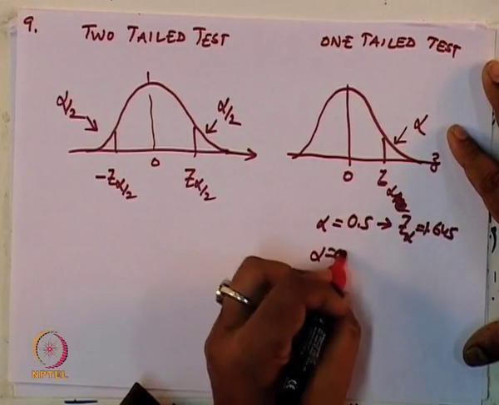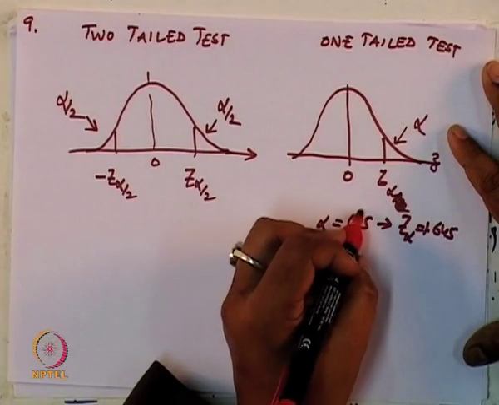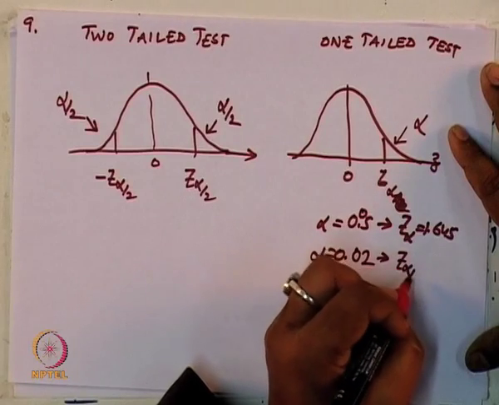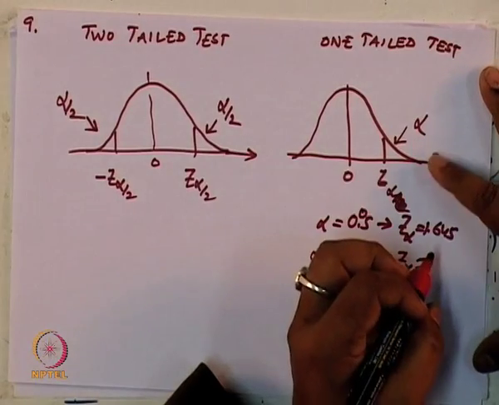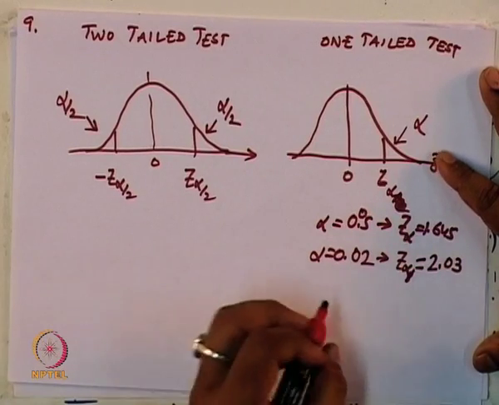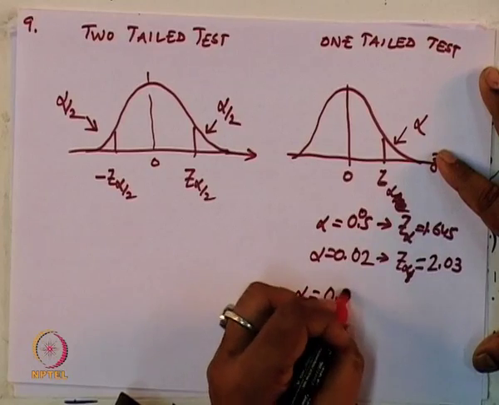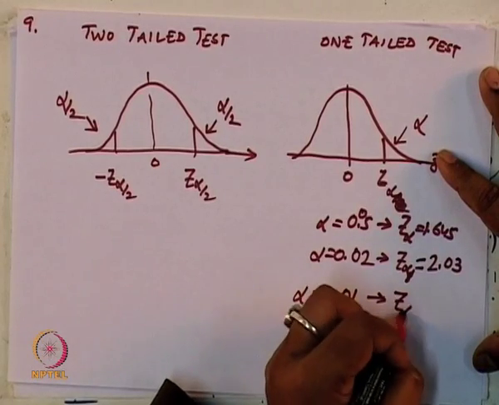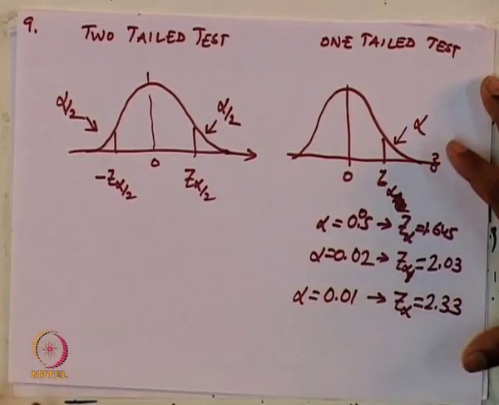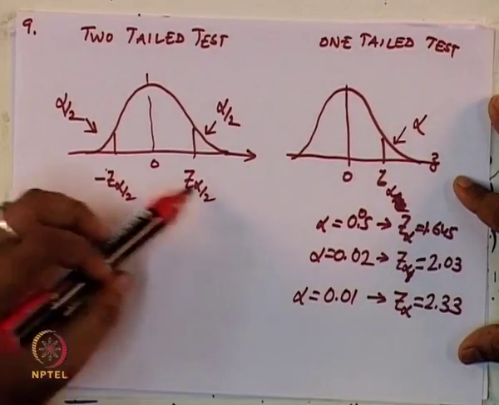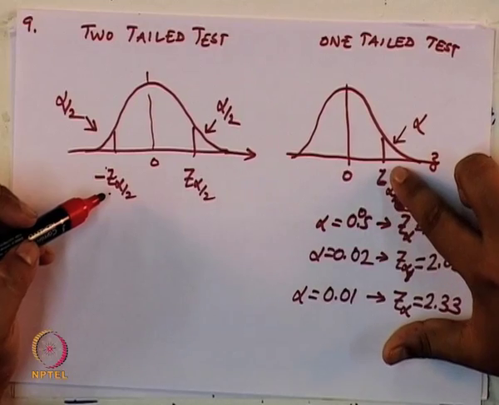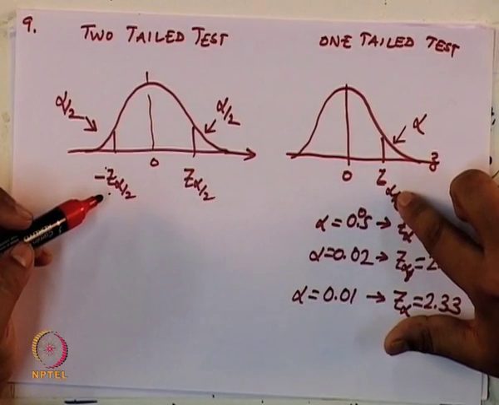For alpha equal to 0.02, I get z of alpha equal to 2.03, and for alpha equal to 0.01, I get z of alpha equal to 2.33. These values for a two-tailed test I refer to as z of alpha by 2. For a one-tailed test, you only represent by z of alpha.